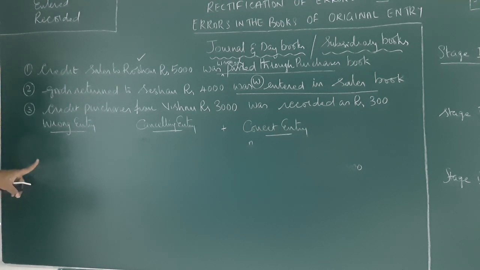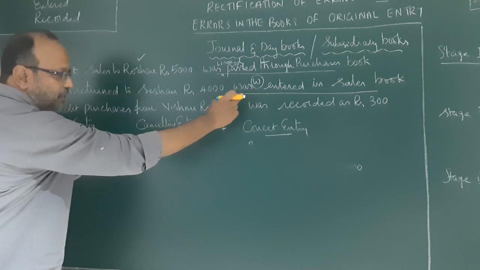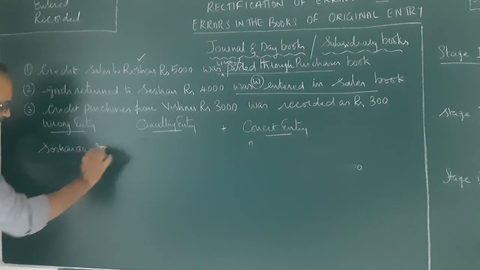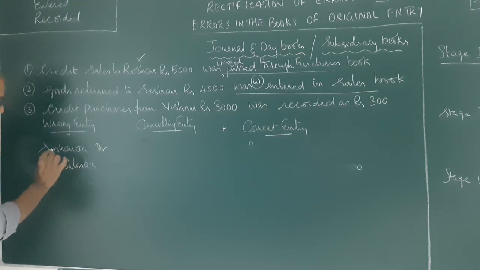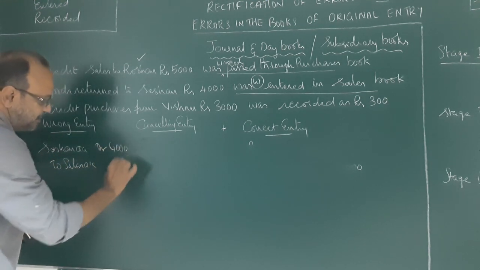What is the wrong entry? It was treated as sales, right? So it was treated as sales. Journal entry: Session account debit to sales account. This is the wrong entry which is passed for rupees 4,000.